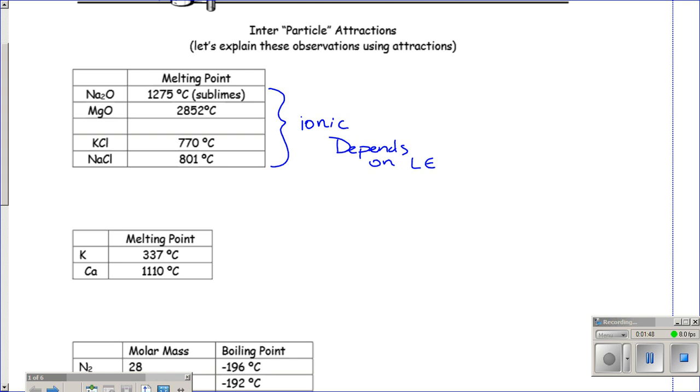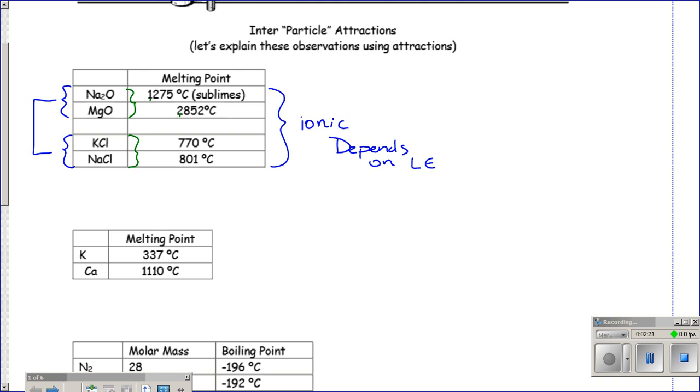We want to explain why the potassium chloride and the sodium chloride have much lower melting points than the sodium oxide and the magnesium oxide. So we want to explain this phenomenon. And then we also want to explain why magnesium oxide has a higher melting point than sodium oxide, and why sodium chloride has a higher melting point than potassium chloride.